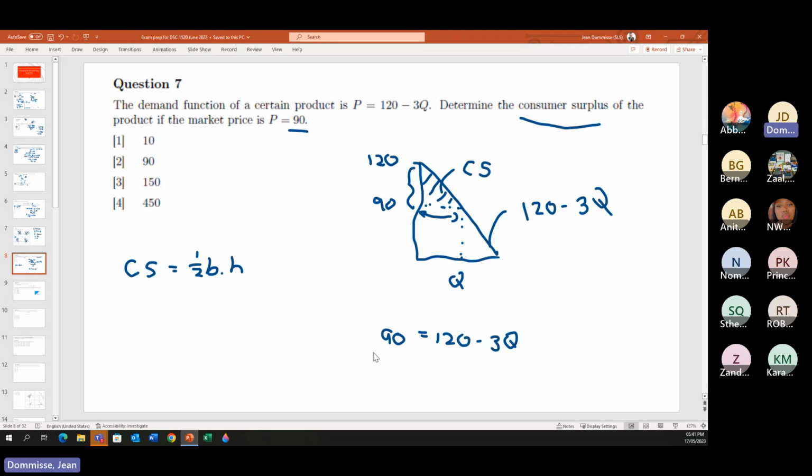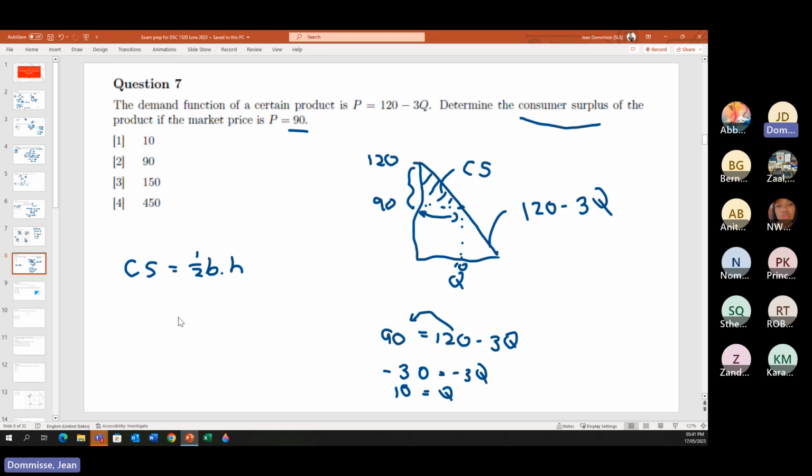At 90, we can use that formula because we're putting that 90 into this to work out Q. So that goes over to that side. So minus 30 is equal to minus 3Q. So Q is equal to 10. And so we know now here it is 10.